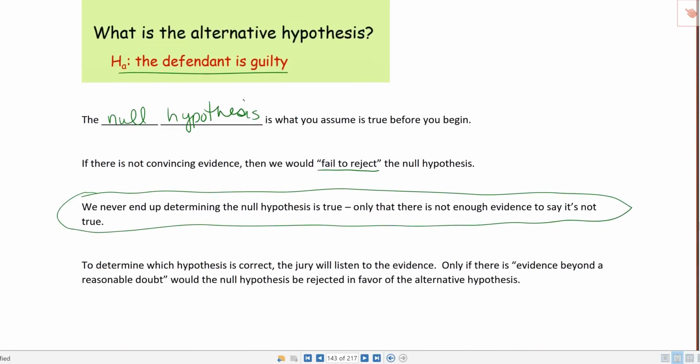To determine which hypothesis is correct, the jury listens to the evidence. Only if there is evidence beyond a reasonable doubt would the null hypothesis be rejected in favor of the alternative hypothesis, and then we could say that the defendant was found guilty. We either say the defendant is found guilty or found not guilty. What we talk about is the alternative hypothesis, but it's rejecting or not rejecting the null hypothesis.